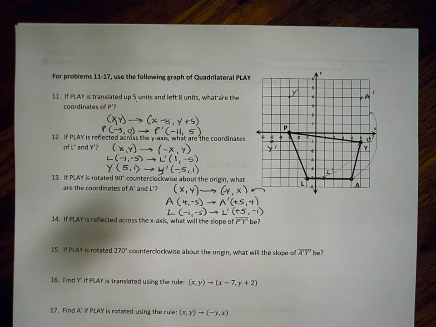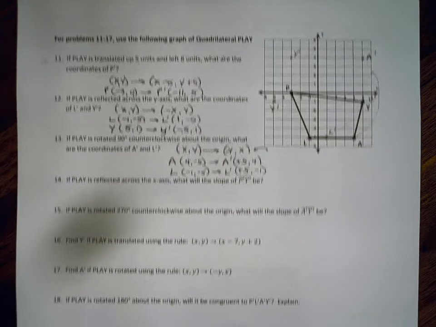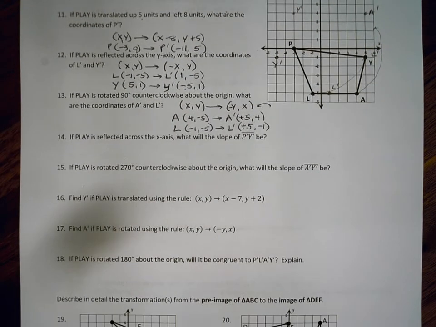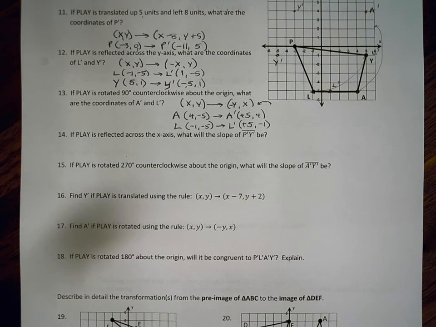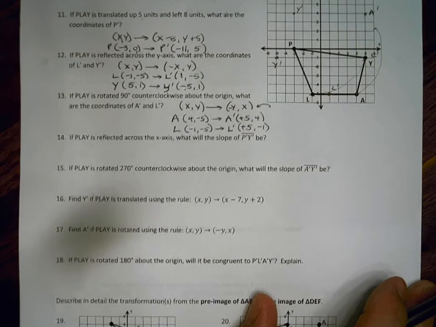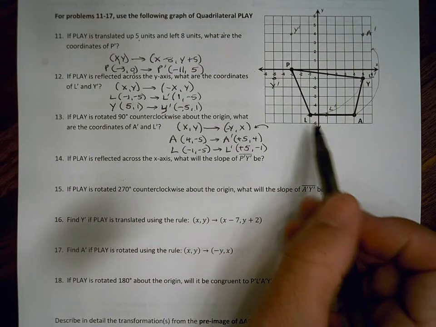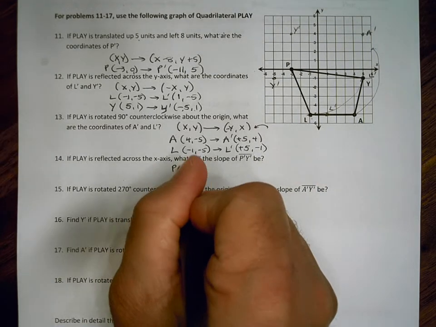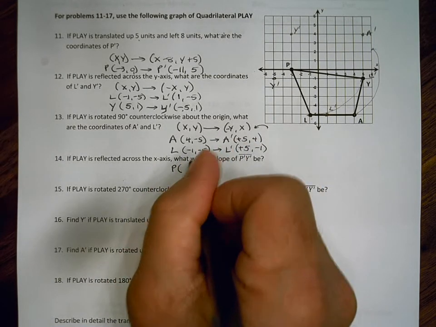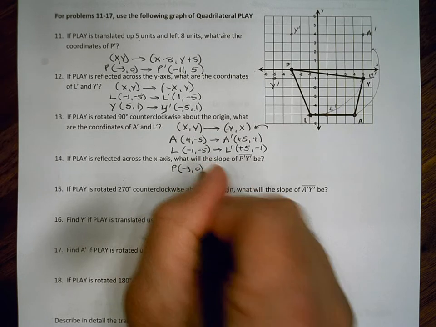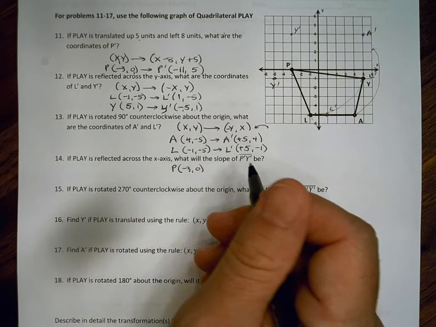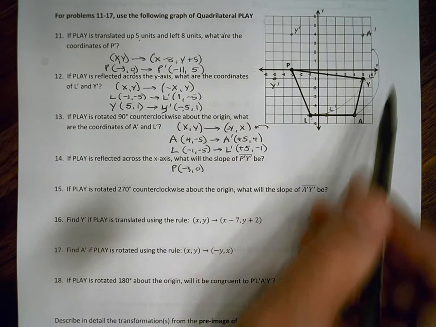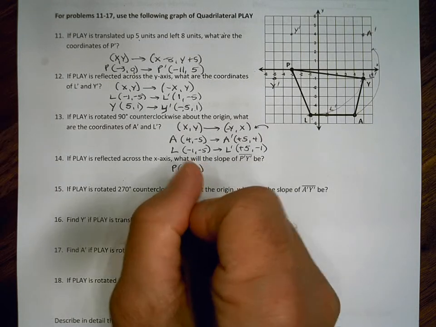Okay, number 14. If PLAY is reflected across the x-axis, what will be the slope of line segment P prime Y prime? Okay, so let's go ahead and reflect PY. Remember, P is at -3, 0, and Y is at 5, -1.